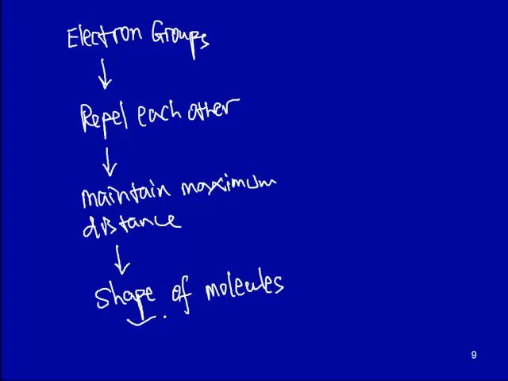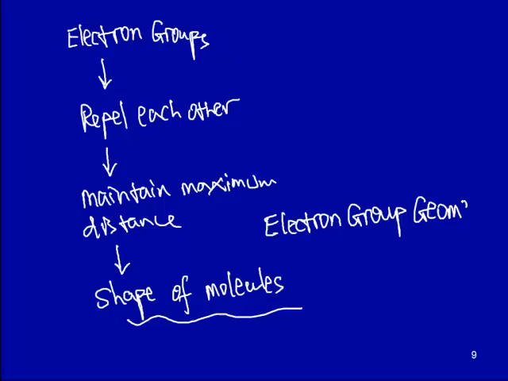First we talk about the shape of electron groups, so it's called electron group geometry.